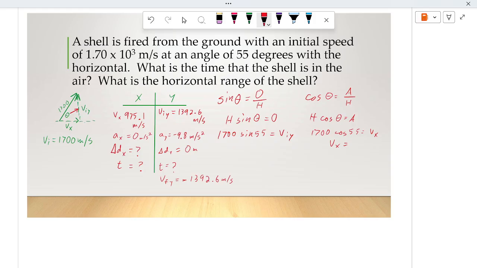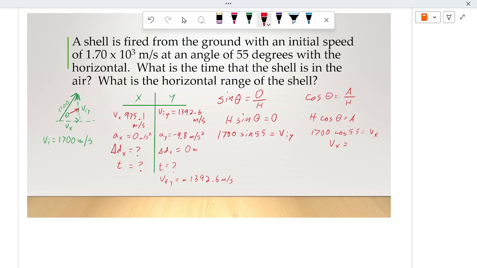All right. So with that in mind, I know literally everything in the y dimension except time. So let's use our y dimension in order to solve for our time.